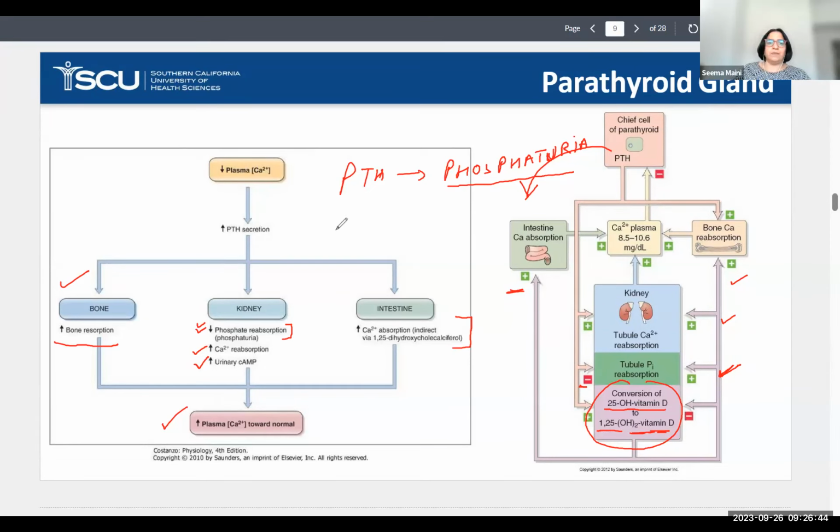So, enhancing calcium ion levels, decreasing phosphate ion levels. Think about it: phosphate is the ion which binds calcium ions. So by decreasing phosphate ion level in the blood, it is increasing the concentration of free calcium ions in the blood.